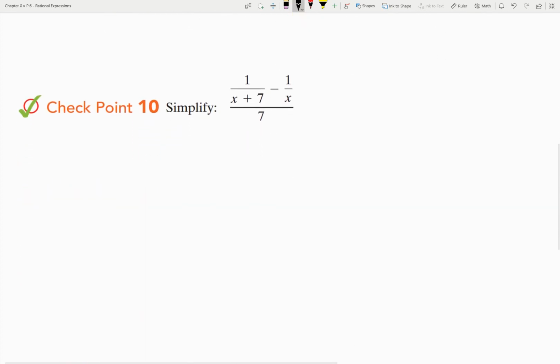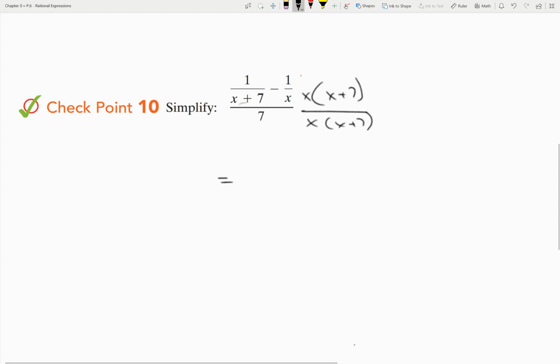Let's try that again. The common denominator of this entire expression, of all three terms, of the first term, the second term, and the third term, is x plus 7 times x. So we're going to multiply the bottom and the top by x times x plus 7.